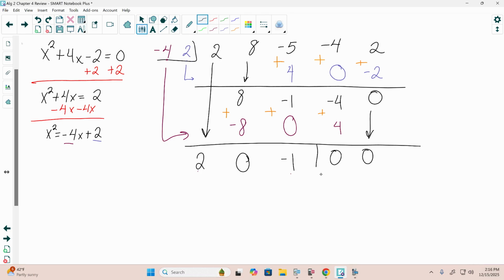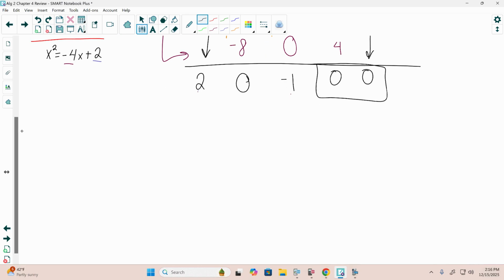So our last 2 numbers below the bottom line are a part of the remainder. So these last 2 zeros are a part of the remainder. To be more specific, the first one is our constant, and the one in front of it would be our term with x. If there were 3 terms in the remainder, constant, x, x squared.